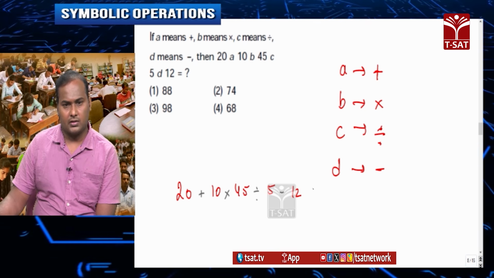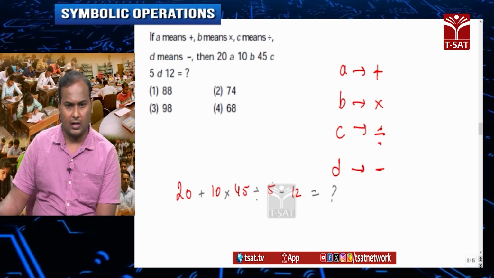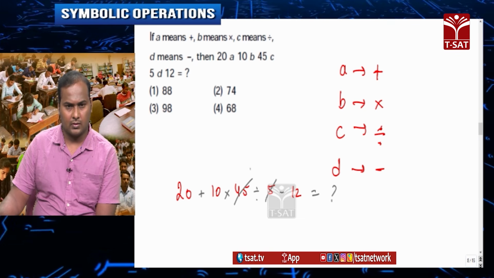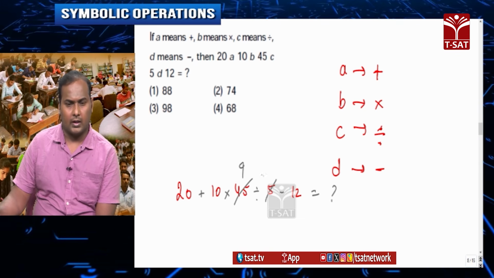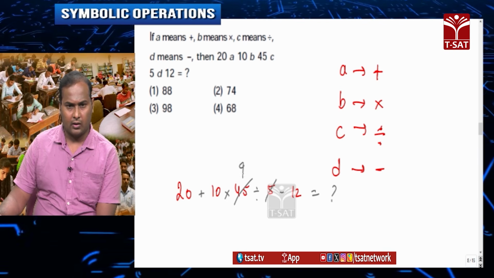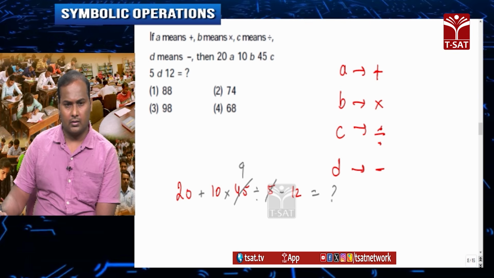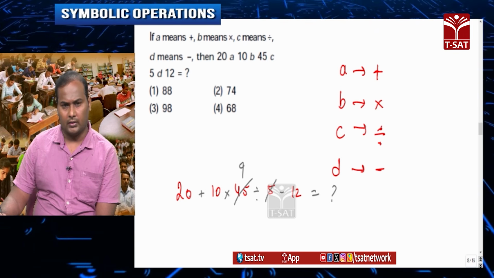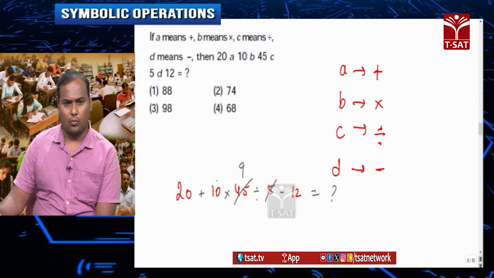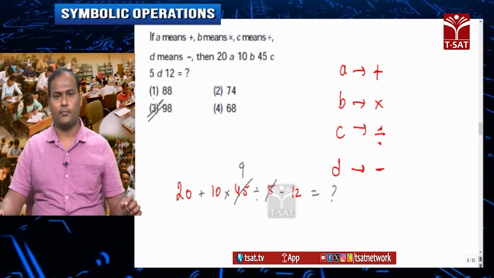Now you need to say how much it is equal to. Okay, so when you perform the calculations, 9, because 5 nines are 45. So 10 multiplied by 9 is 90. So 90, you have 20, 110, 110 minus 12, 98. So your answer is 98.